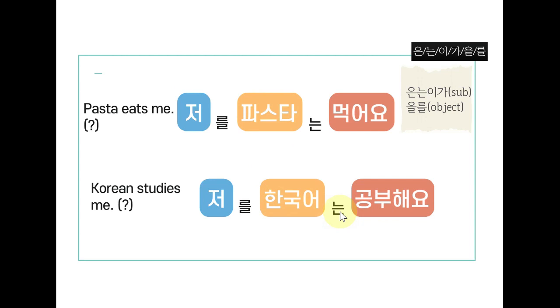The sentences would mean pasta eats me or Korean studies me, which sound weird. That's why it's very important to use correct subject marker and object marker.